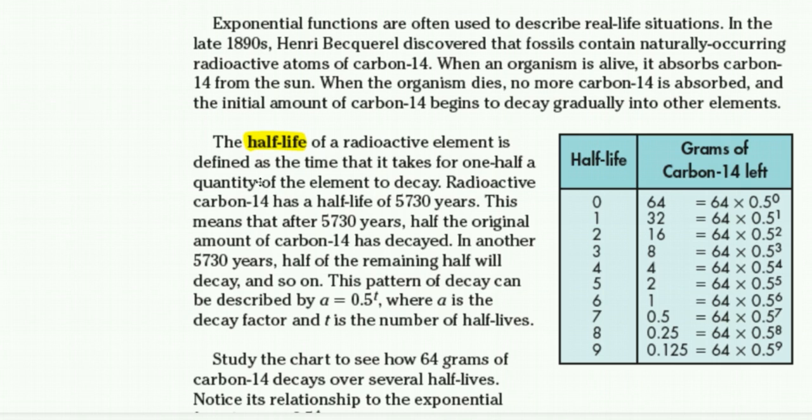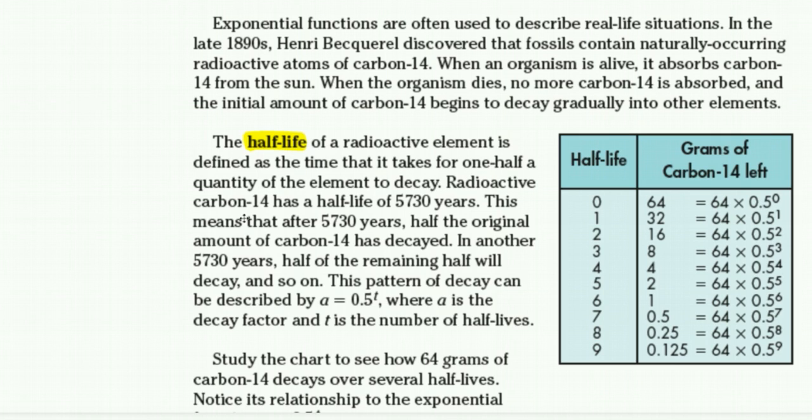So the half-life of a radioactive element is defined as the time that it takes for 1/2 of the quantity of an element to decay. Again, let me read that because it's going to be confusing. The half-life of a radioactive element is defined as the time it takes for 1/2 of the quantity of the element to decay, and we'll look at the table.